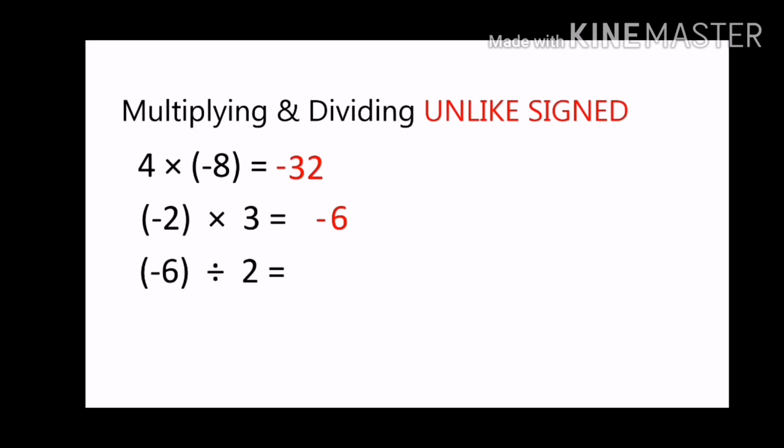Third one, -6 divided by 2. Disregard the signs. So 6 divided by 2 is 3. And since these are unlike signed, your final answer will be -3. And lastly, 9 divided by -3. Divide as usual, 9 divided by 3 is 3, and since these are unlike sign, then your final answer will be negative.